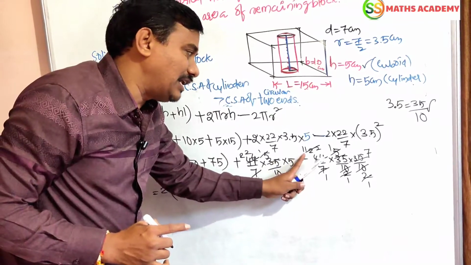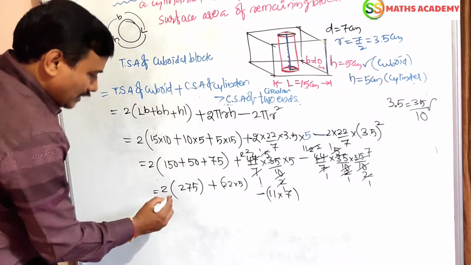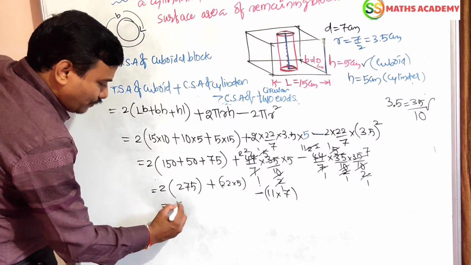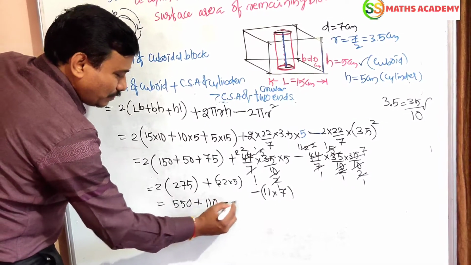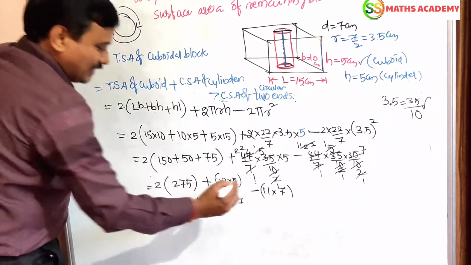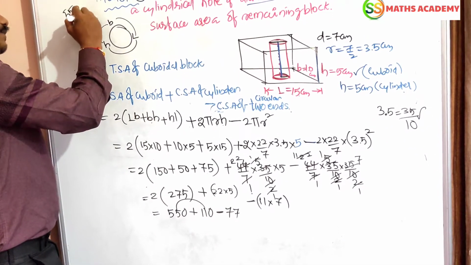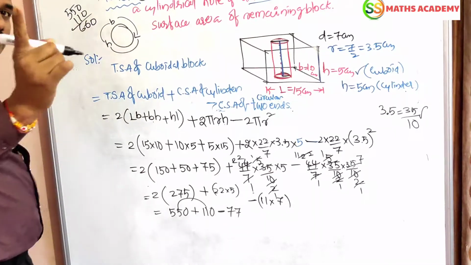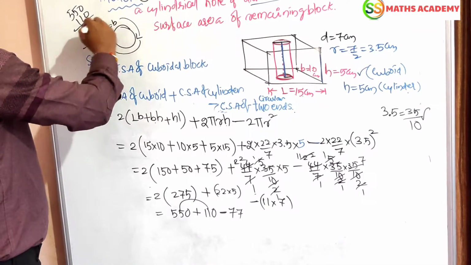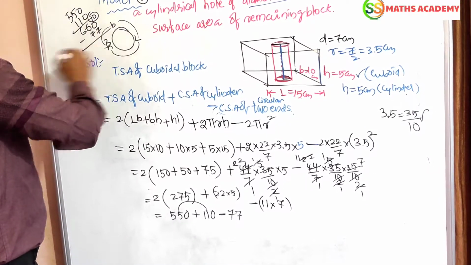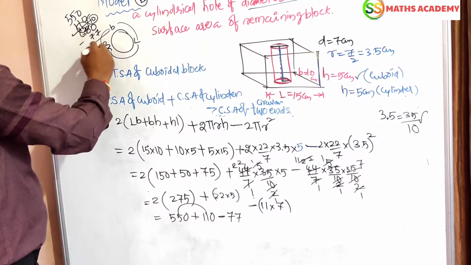What are the remaining terms? 11 into 7. Okay. Now 2 into 275, 550, plus 22 into 5, 110, minus 11 into 7, 77. Here both are positive numbers, so 550 plus 110, 660, as you know very well, minus 77. Borrow 10, 10 minus 7, 3. Here 5 is not possible, 15 minus 7, 8.